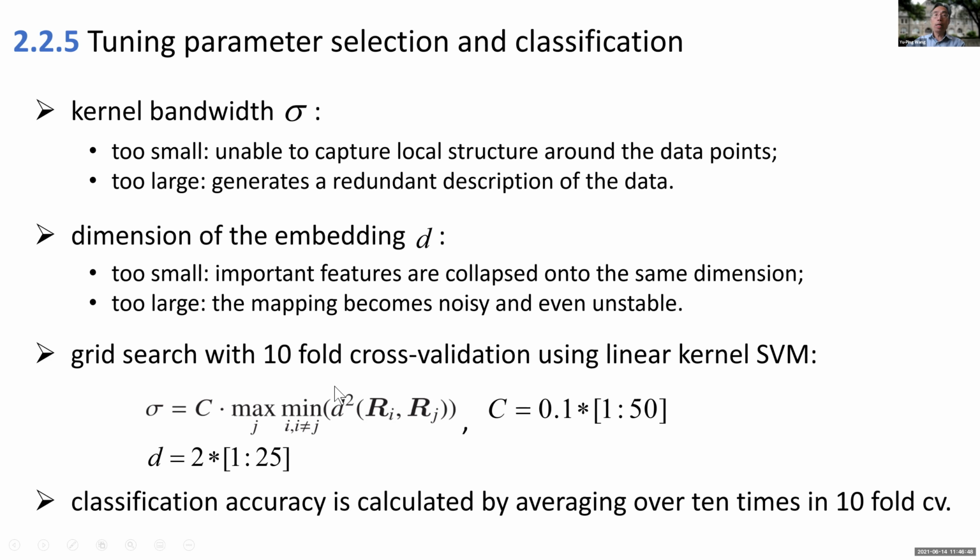So we use the following grid search procedure to select sigma and D. We know sigma is the maximum distance between two data points, and we use the parameter C as a scaling factor, and C is taken to be within this range, and D is taken to be within this range.